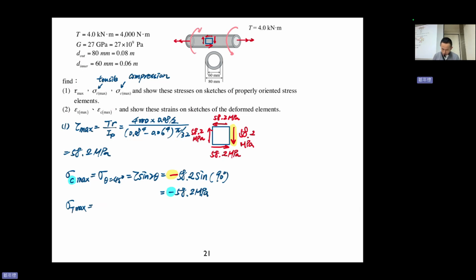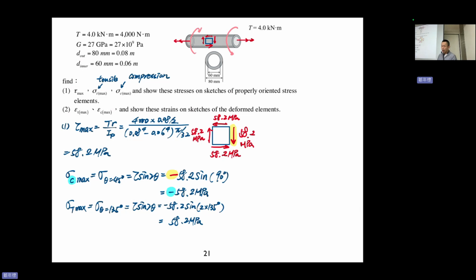So tensile sigma theta equal to 135 degree. And tau still be equal to tau sine 2 theta. Sorry, sigma t equal to tau sine 2 theta, and minus 58.2 sine 2 times 135 degree equal to 58.2 MPa.